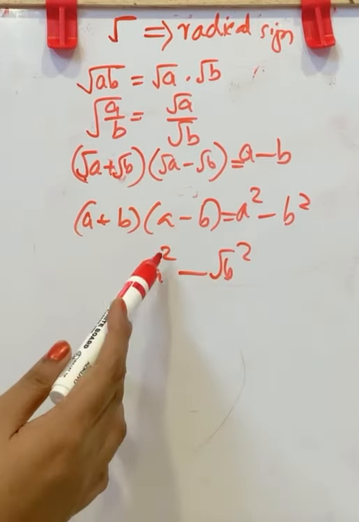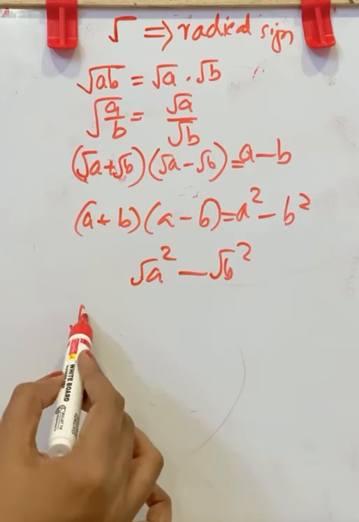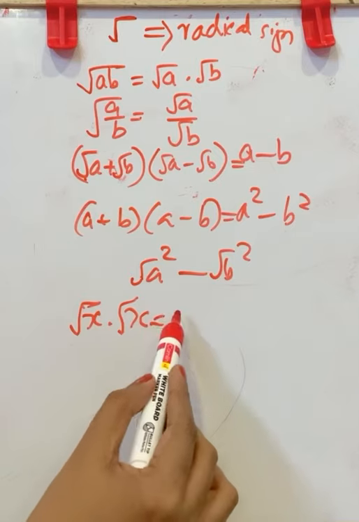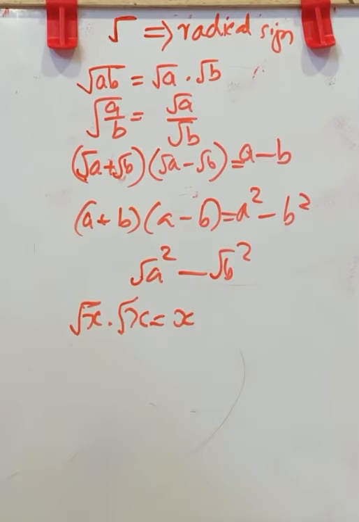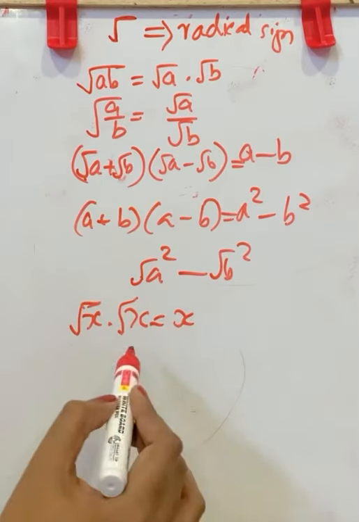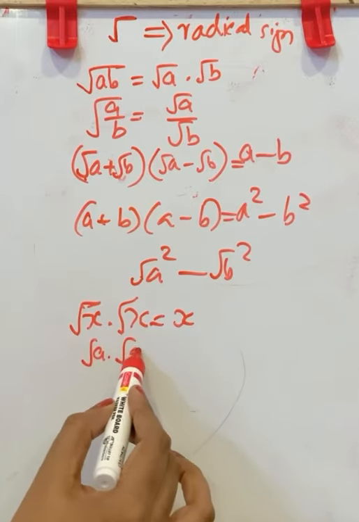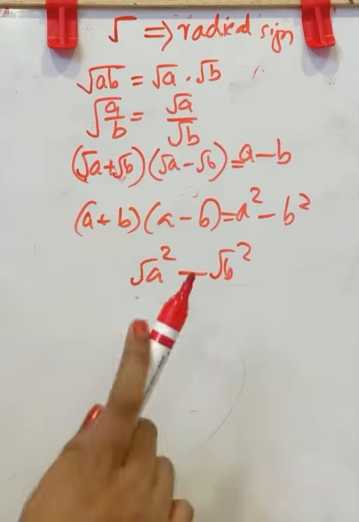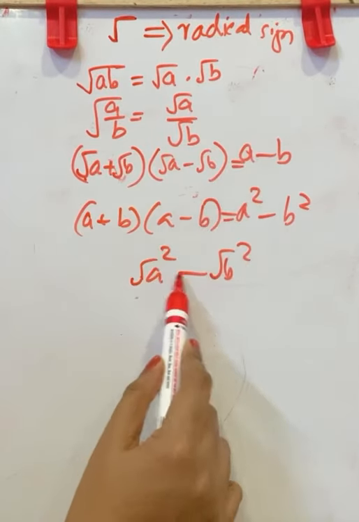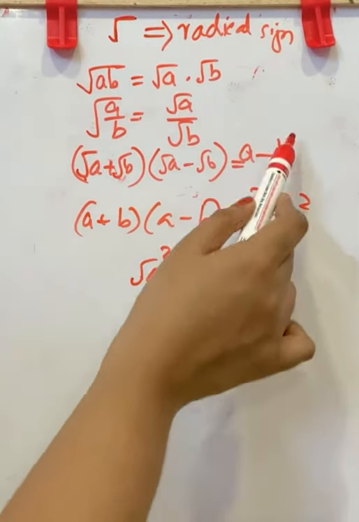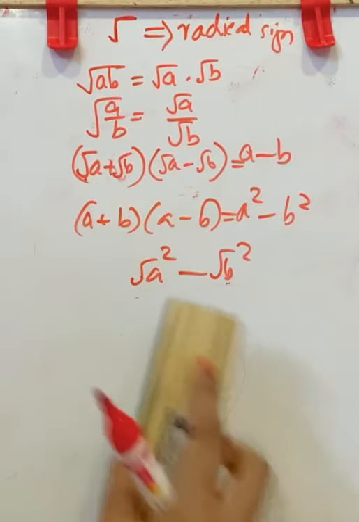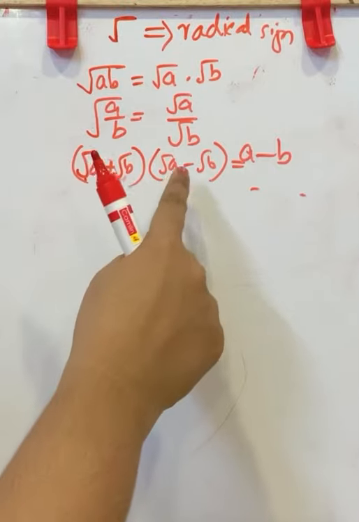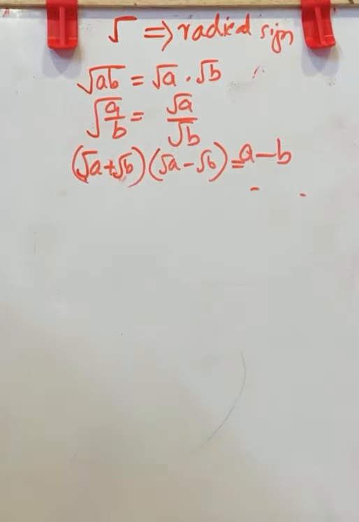And root A square, the root of any number multiplied 2 times, the result will be that number without the root. Root x into root x is x. Root a into root a is a. So root a square means root a into root a, that is a, minus root b into root b, that is b. That is what we have written here. Root a plus root b into root a minus root b is equal to a minus b.